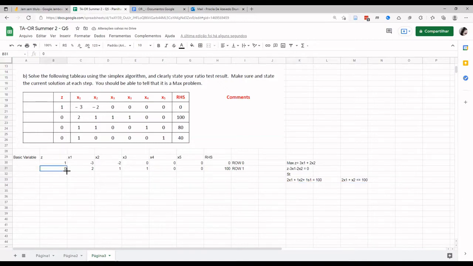Okay, and we can now work on rows 2 and 3. That is going to be the same thing. I'm just going to input the numbers here. So here I'm going to add 1 for the slack variable of the second constraint. And the other one is going to be just 1x1 and the slack variable for the last constraint, the third constraint.